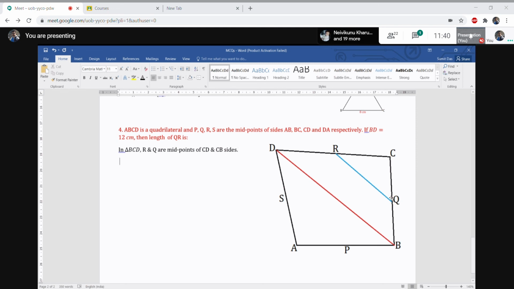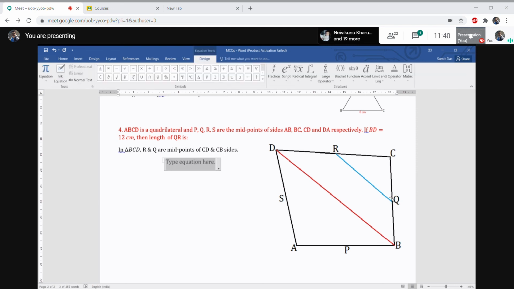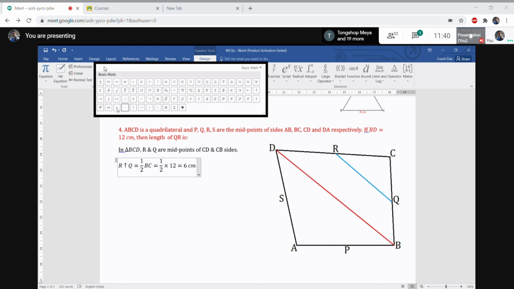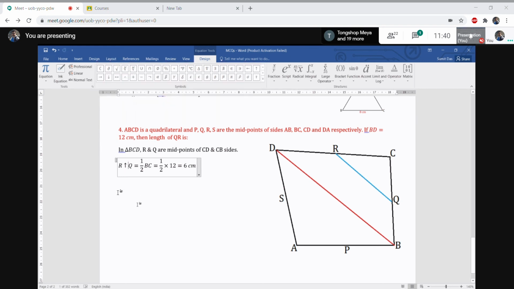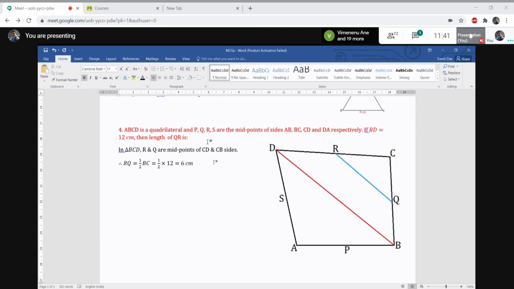So therefore RQ will be equal to half of BD, that is the third side, and the value is given as 12. That means RQ is equal to 6. That's the answer. So which option is correct? Option C is correct.